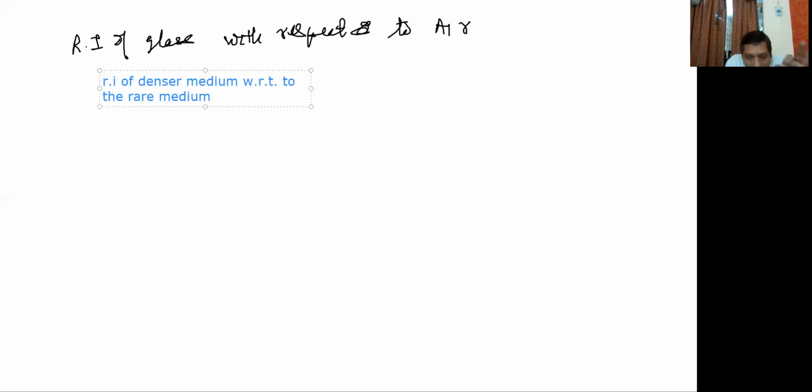Remember what we are doing here? We are observing an object placed inside the denser medium from the rare medium.